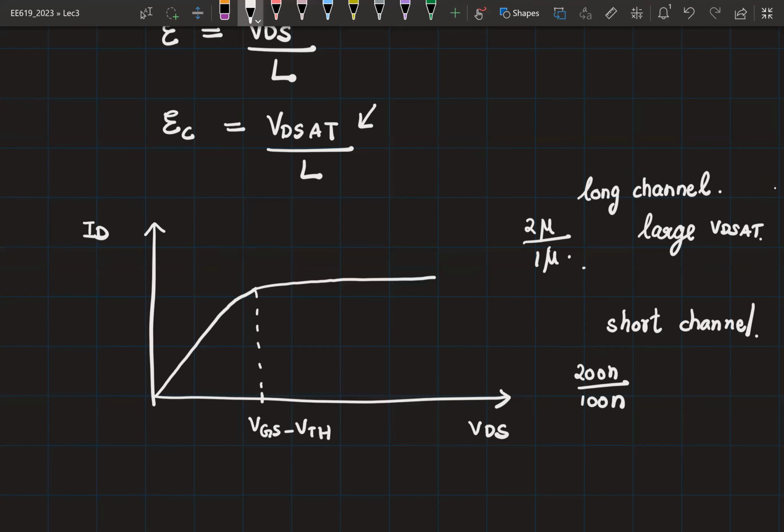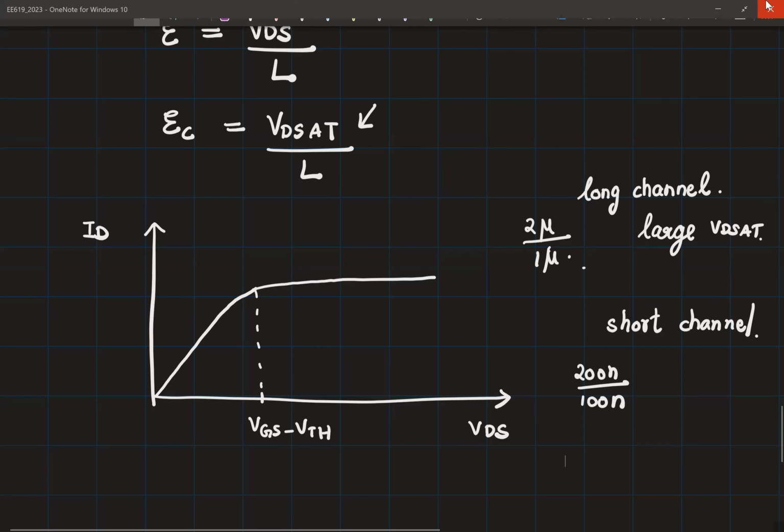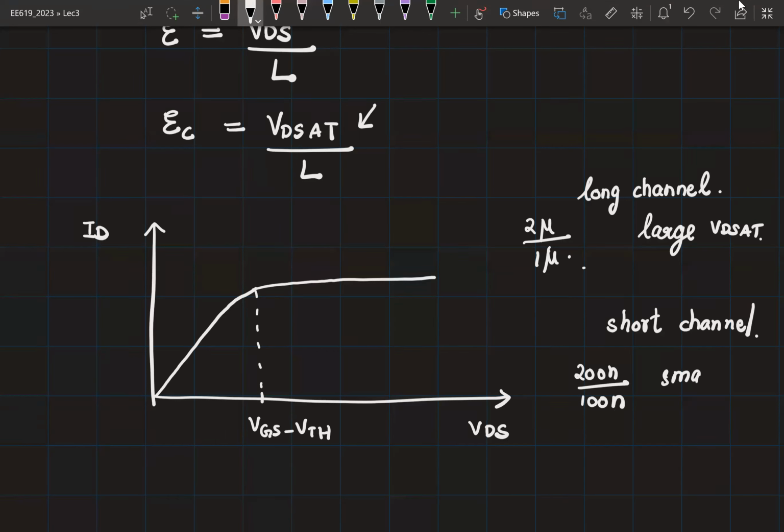So the W by L is same, but the channel length is short. So what comment can you make about the VDSAT? Right. So I will have a small VDSAT, which means this VDSAT now could be smaller than this VGS minus VTH. Okay. So now the current is going to increase linearly till this point, and beyond this point, the current is just going to saturate.